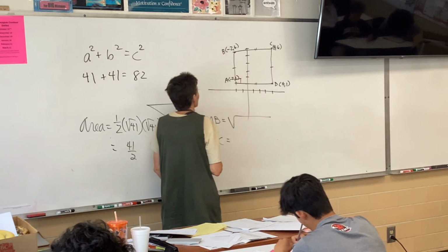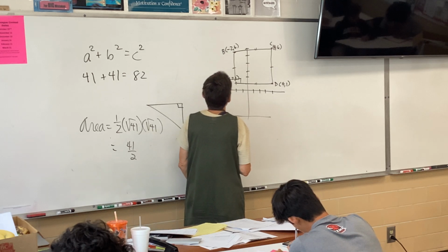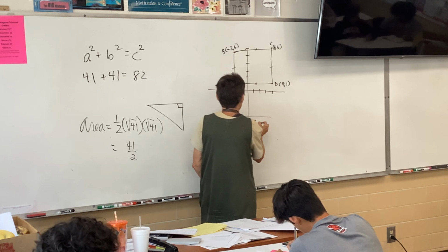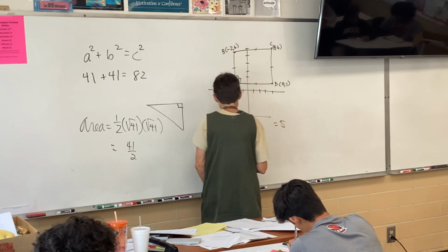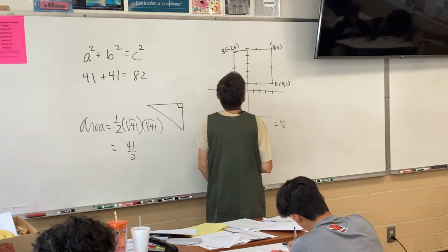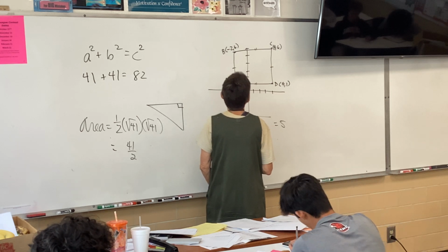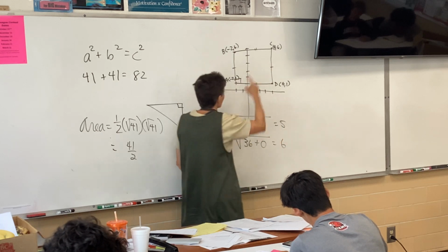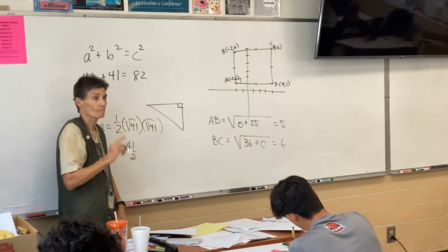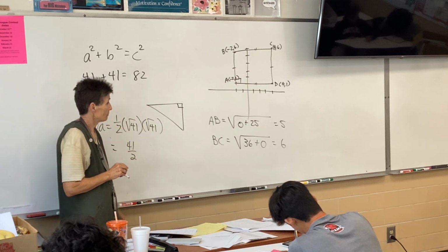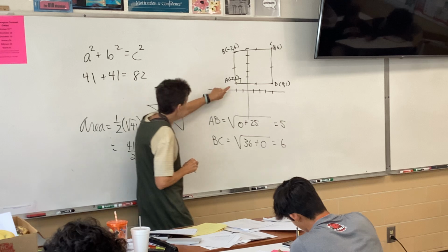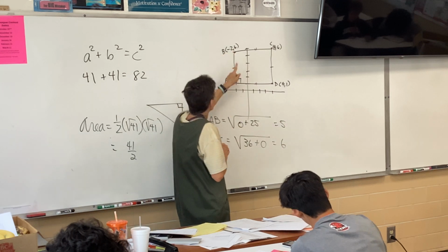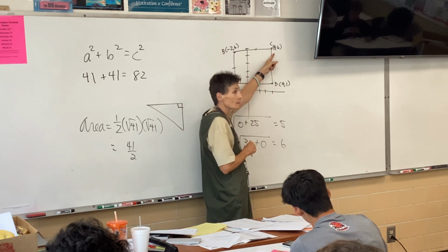Alright, so here we go. Do you even really need the distance formula on this one? Can you kind of just tell, since they're in straight lines? So this side is 5. Here we're going from -2 to 4. 6.